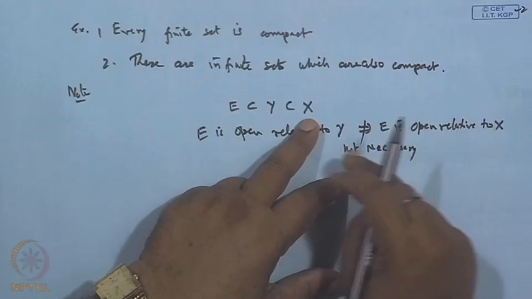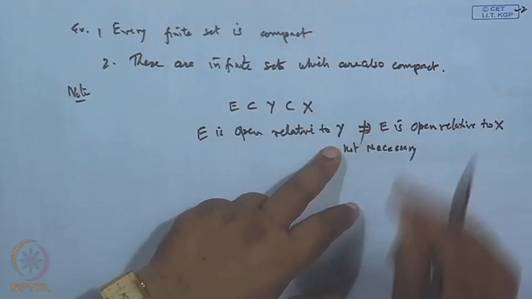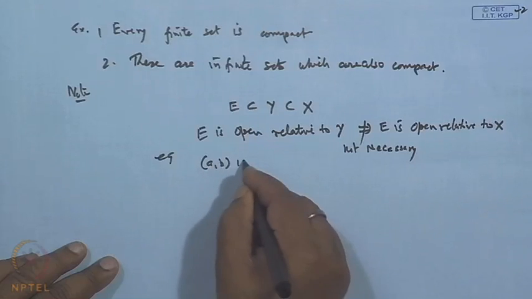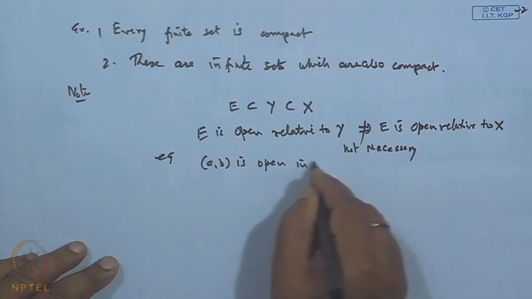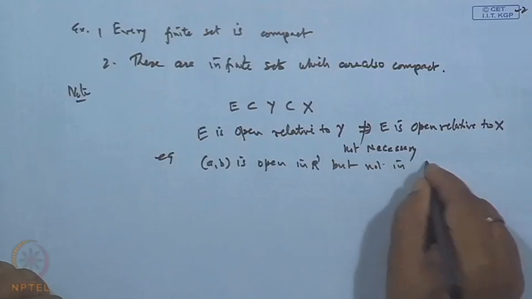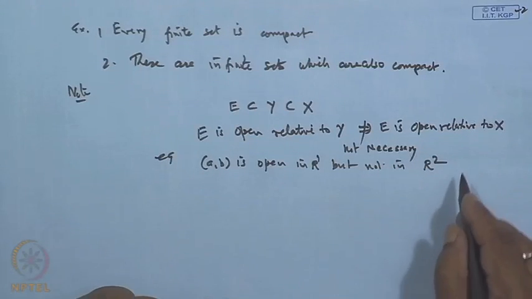And as an example we have seen in R 1 and R 2, an open interval a b is open in R 1, but not in R 2, is it not?